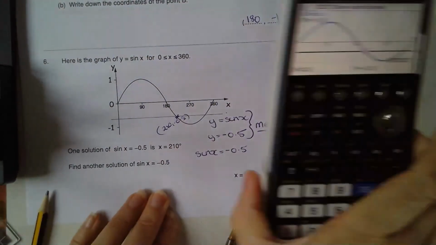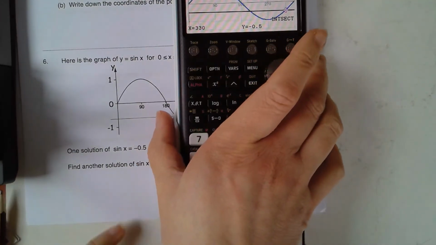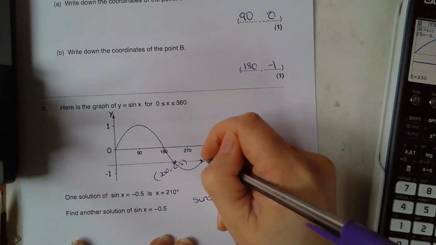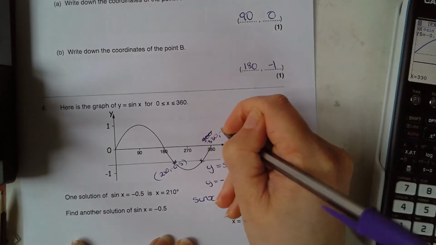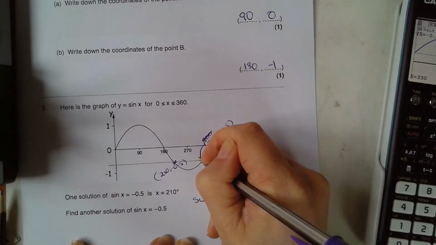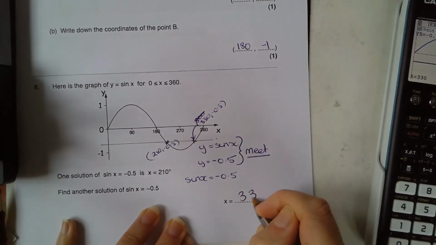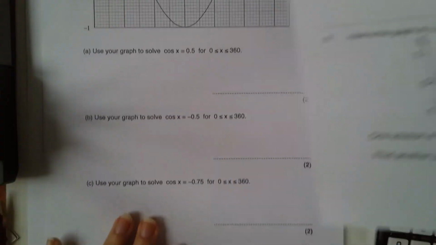And then our other solution, if I scroll to the right, is at 330, -0.5. So that one there then is 330 for that solution there. So x equals 330. So that's a really handy thing to know.